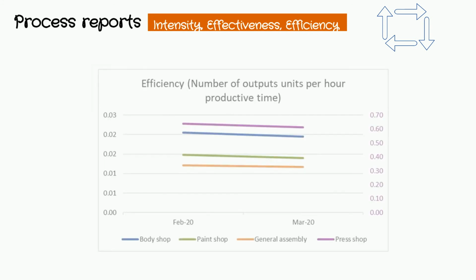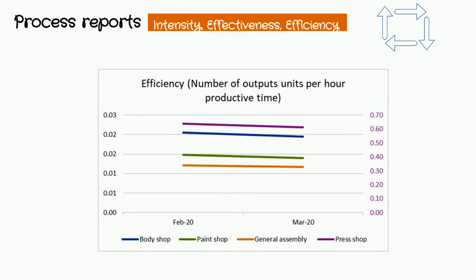Finally, efficiency reports can show number of output units per input unit, in this case the productive time. Since productive time already corrects for lower number of FTE and extra time taken for sanitization and protection, the efficiency drop here in March is not explained and should be further investigated.